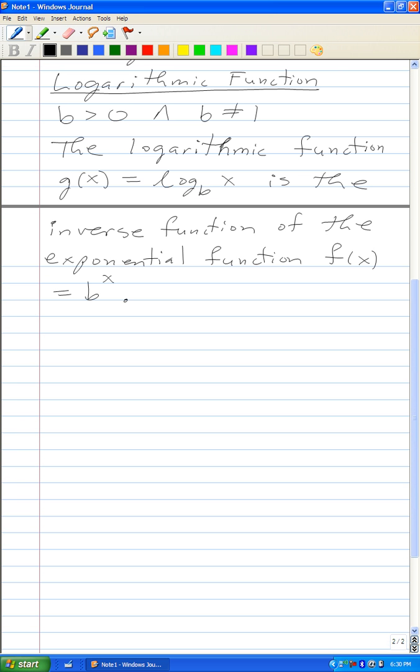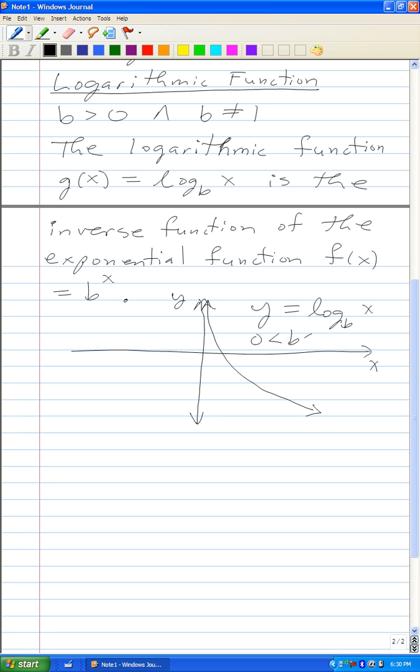Okay, and so we can see that the logarithmic function looks like this for base b between 0 and 1, and it intersects the x-axis at 1.